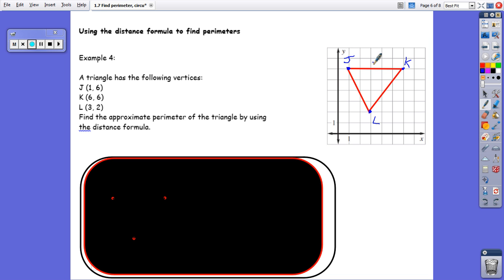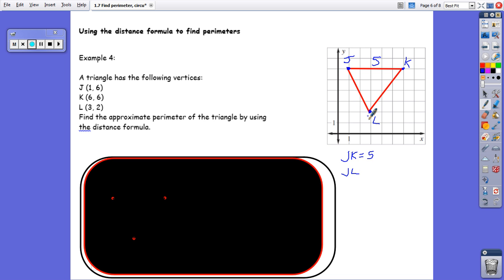Hopefully you were thinking this one. You just count 1, 2, 3, 4, 5. Distance is 5. So that's JK. So I'm going to write that down. JK equals 5.